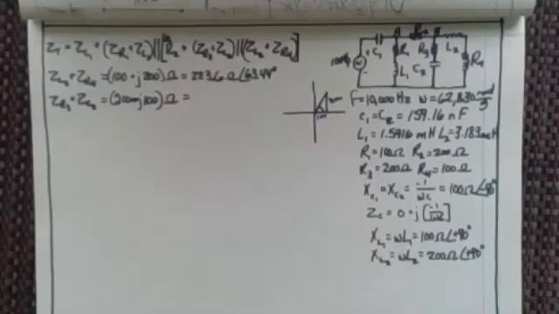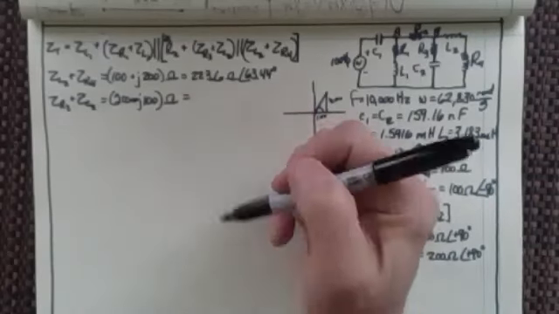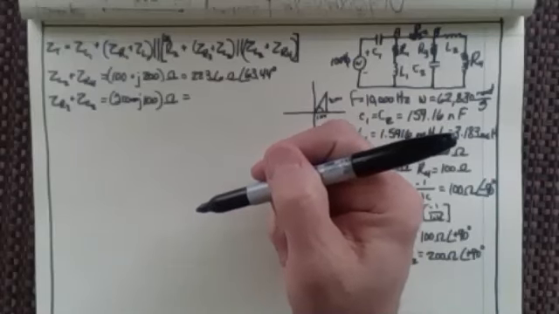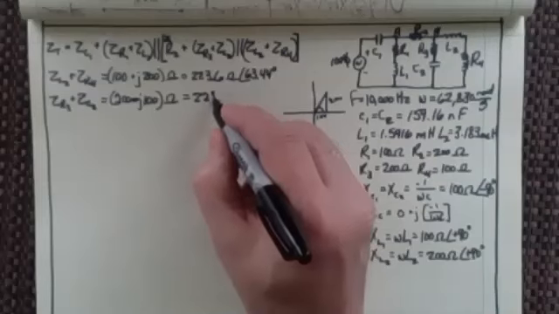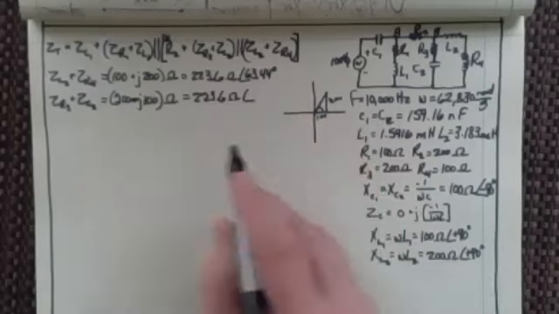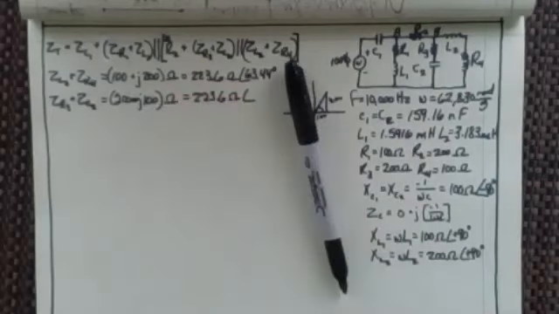Can everybody see that? I've got them switched around, but of course, still square 200 and add it to the square of 100 and take the square root of that gives me the same number. That's going to be 223.6 ohms. But my angle is going to be different, isn't it? Because I've got a minus.